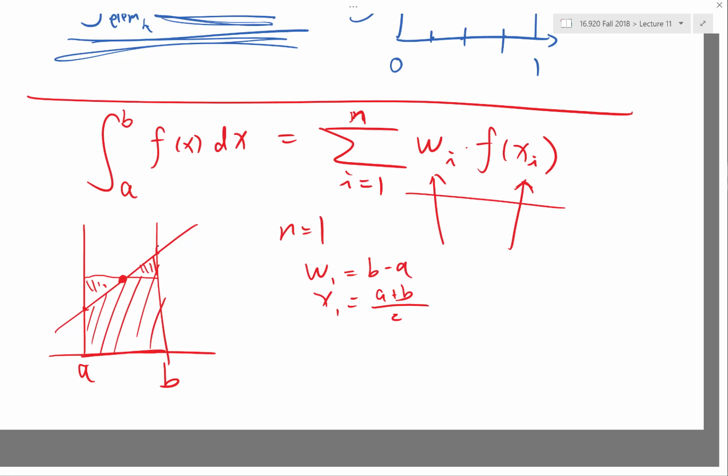Yes, every time I increase a point, I gain 2 degrees of freedom: 1 in the location of the grid point and 1 in the weight. So every time I increase n, I get 2 additional things to play with, and I can basically solve equations to figure out how to integrate 2 additional polynomials exactly.